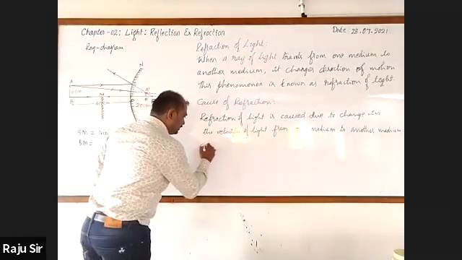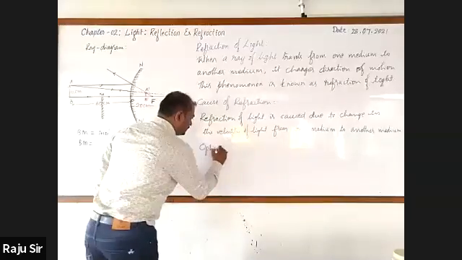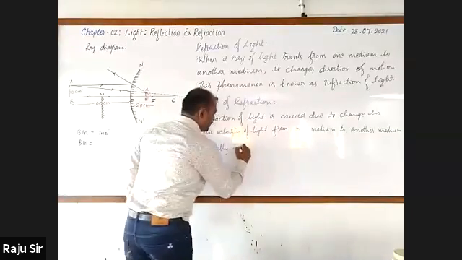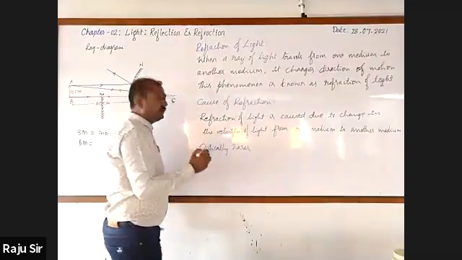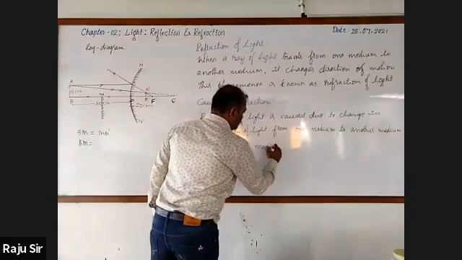These two terms are important: one is optically rarer medium and the second is optically denser medium.